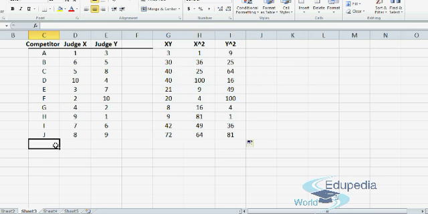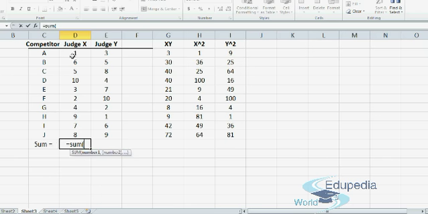Then I need to find the sum very quickly. The value of sum, I need the sum of x and y as well, so sum of x, and we know that the sum of x, sum of y and sum of z will all be the same, because the ranks are the same.